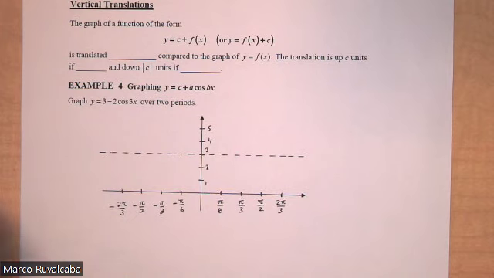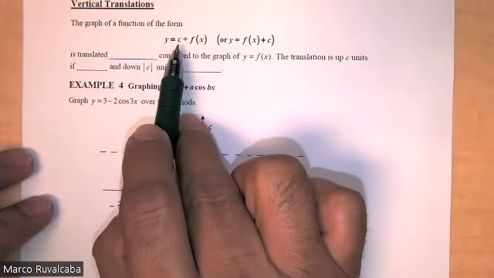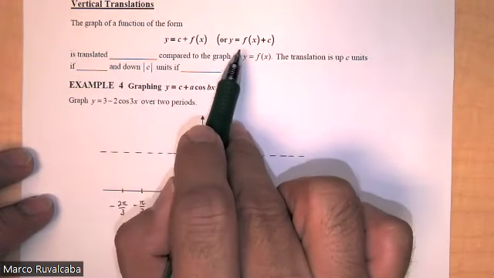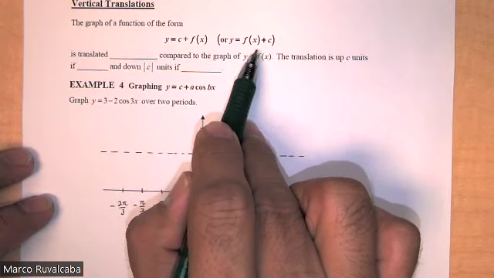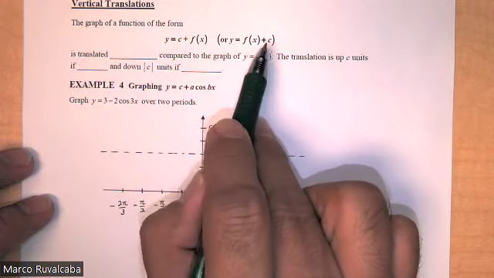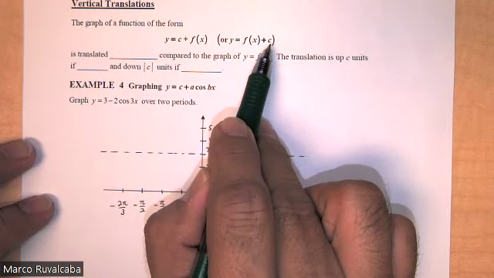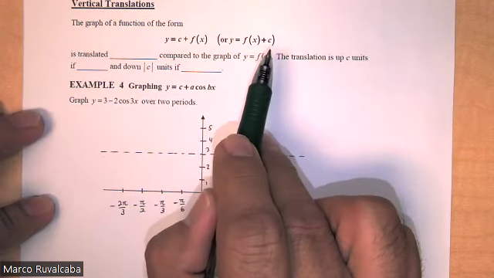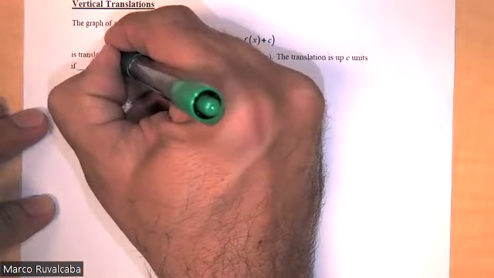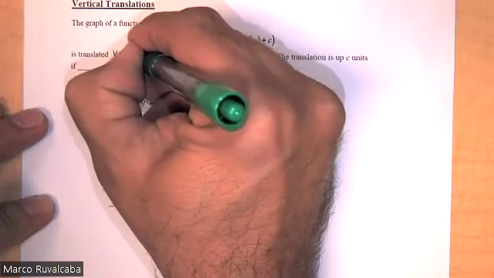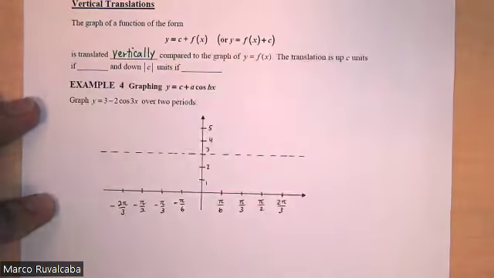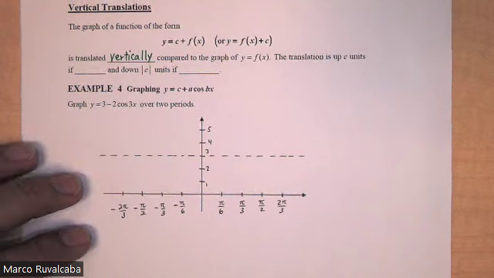So now we're going to try to generalize the graph of this function. If there's a number in front of it like this, or it can be written the other way. This number in front or in the back of the function is a vertical translation. So it's translated vertically compared to the graph of y equals f of x.